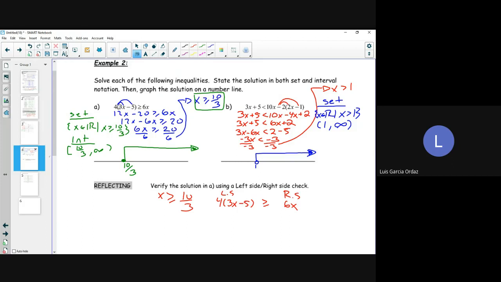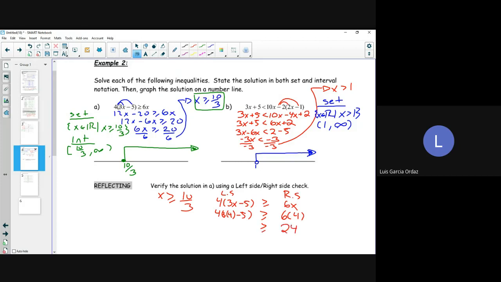2 is less than 10 over 3 because 10 over 3 is 3.333. So we're going to sub in 4 for x. So we get 4 times 3 times 4 minus 5. And then on the right side, we get 6 times 4. The right side simplifies to 24.